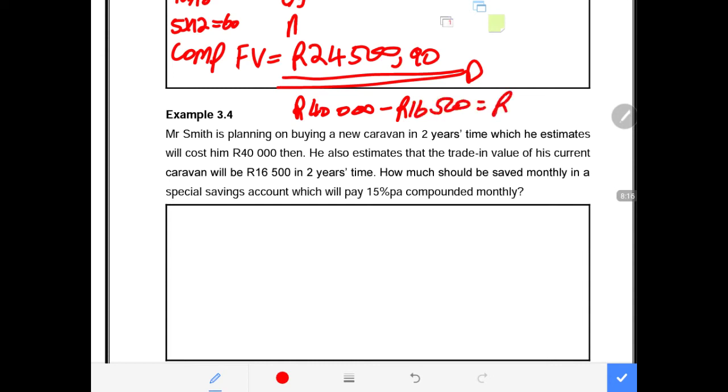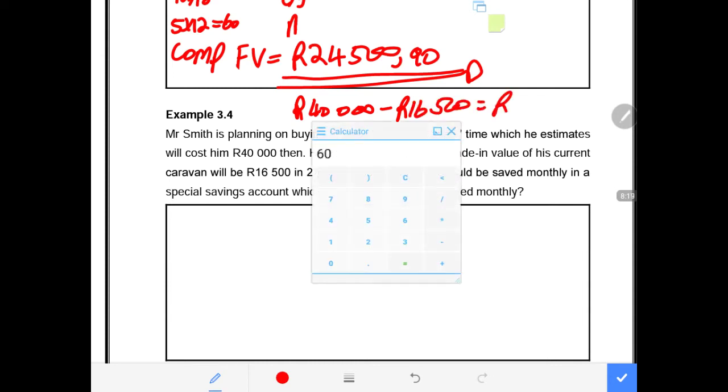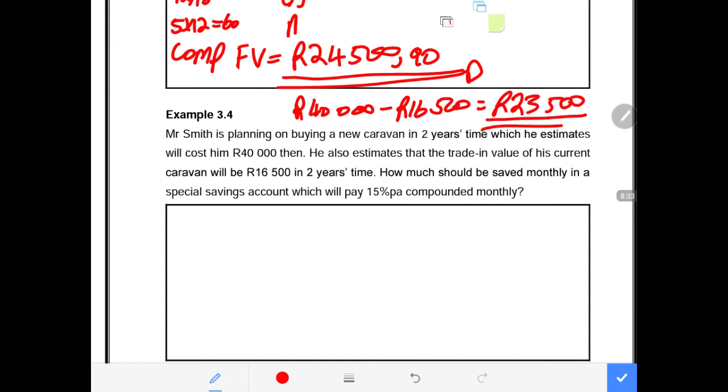So he only needs to raise the difference. So let us say 40,000 rands, the cost of the new caravan, minus the value of the old caravan. That means the amount that he needs to raise over the period of 2 years is 23,500 rands. So this is how much he needs to have as the future value after 2 years.